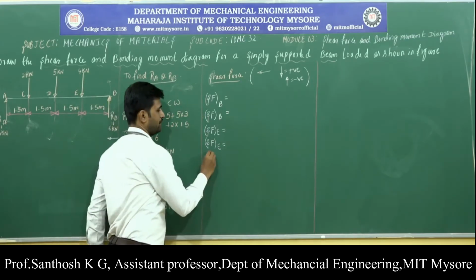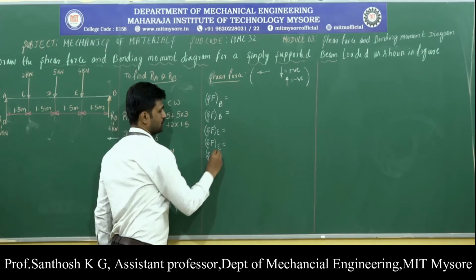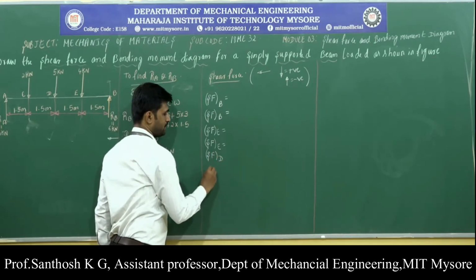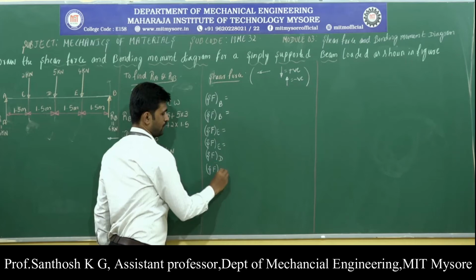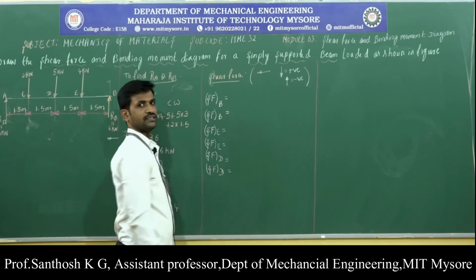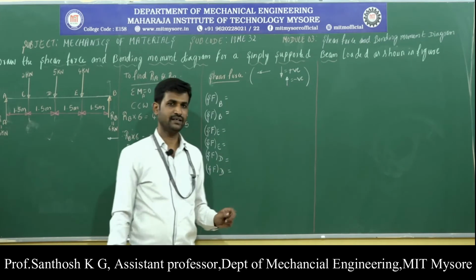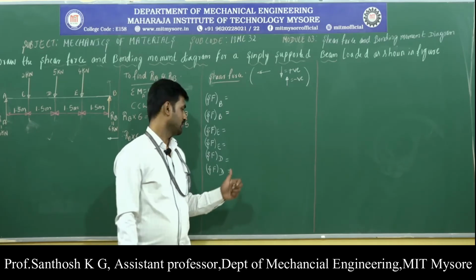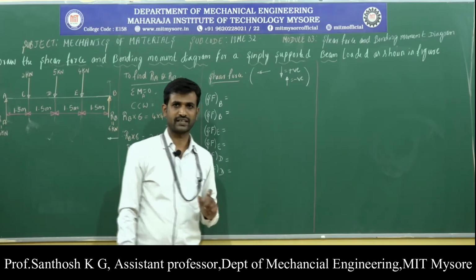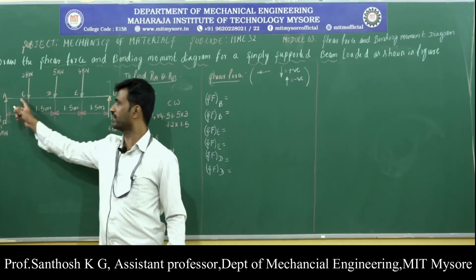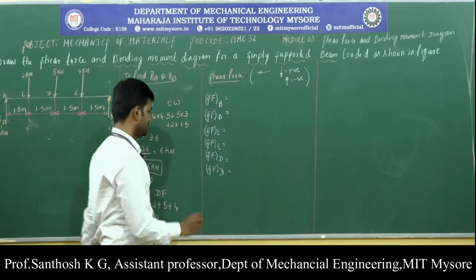Therefore, I should find two values of shear force at point D. One, by considering the shear force acting at D, and second by neglecting the shear force that is acting at point D.